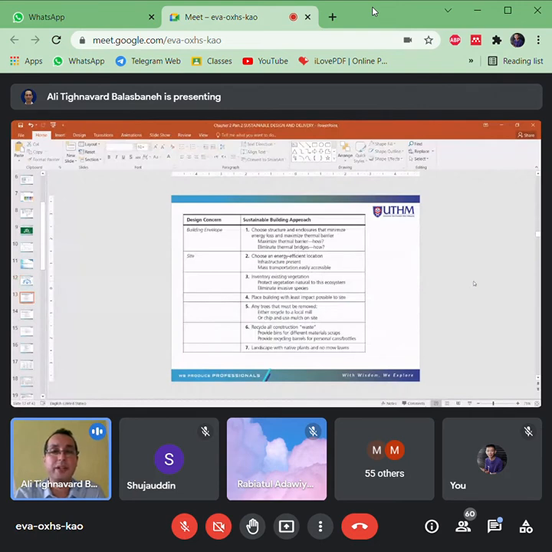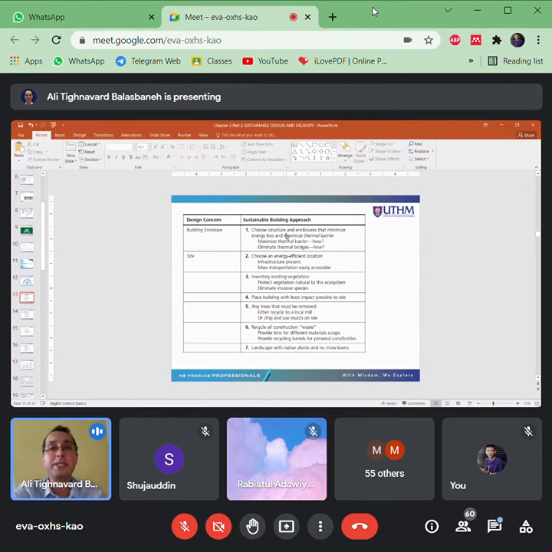So what is the difference? Building envelope: choose the structure and elements that minimize energy loss and maximize the thermal barrier, which means when you turn on your air conditioner and use it for 1 hour, when you turn it off, it takes longer for the temperature inside to increase. It means the cool air does not escape easily.